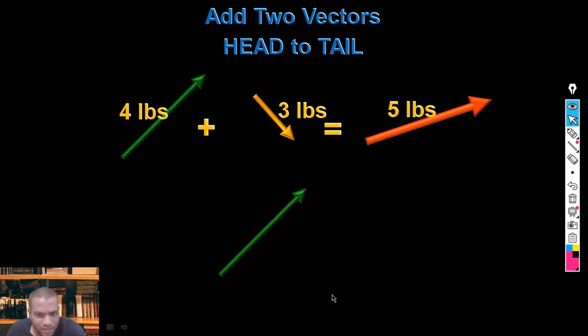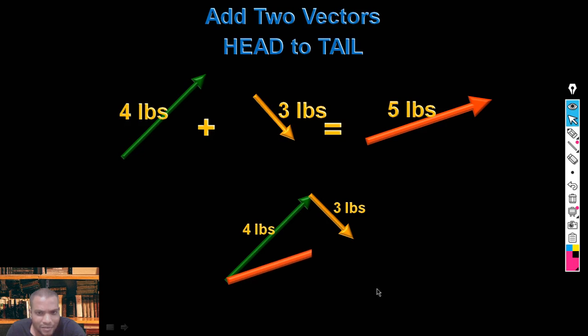Take the first vector and bring the second vector tail to the first vector. Now draw a resultant vector from the first vector tail to the second vector head. If it is in a random direction, this is the way to draw the resultant vector.